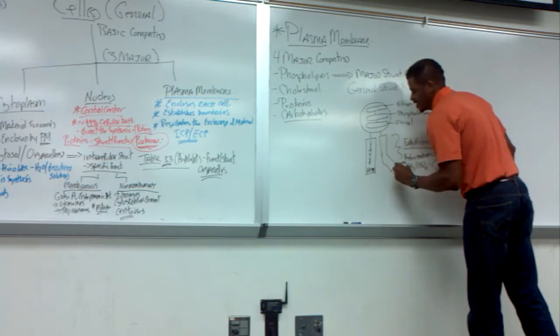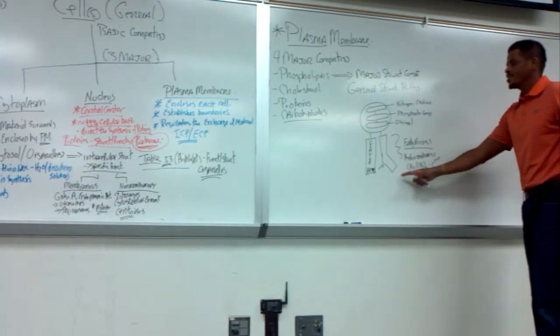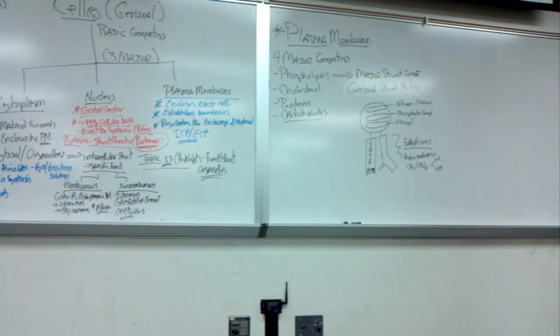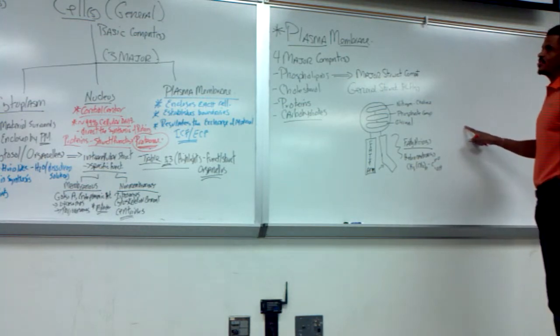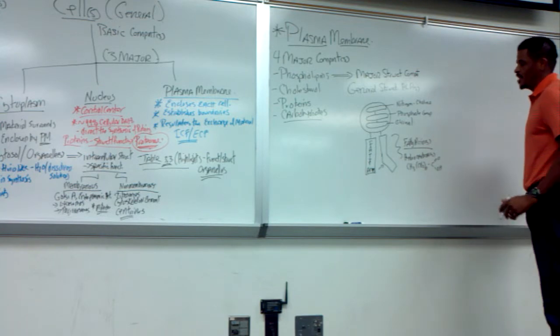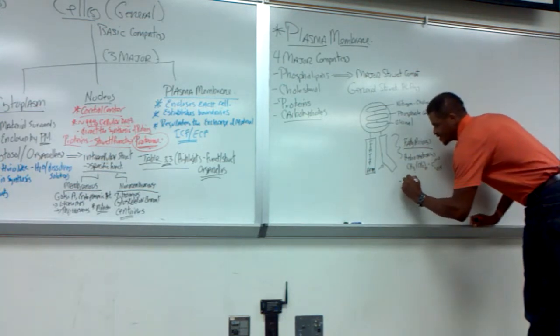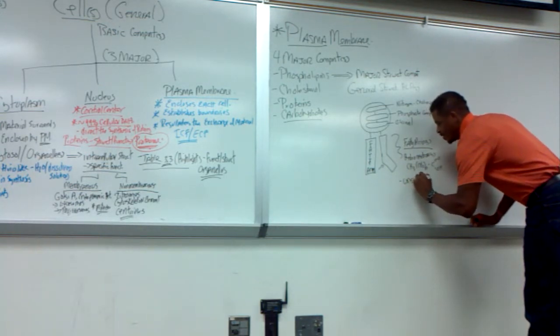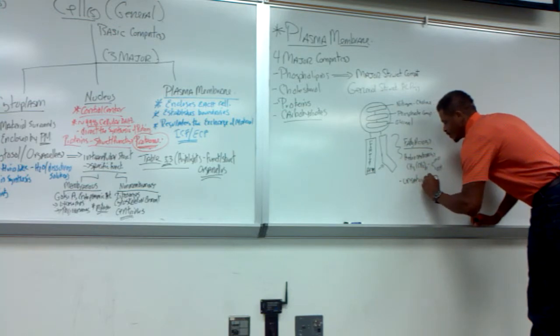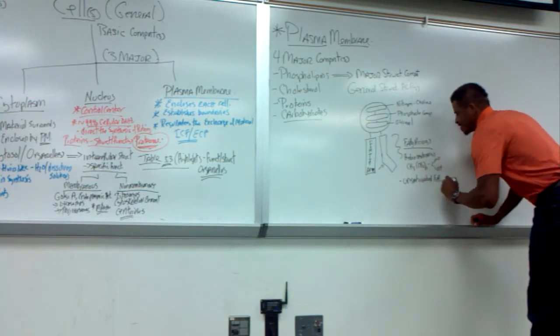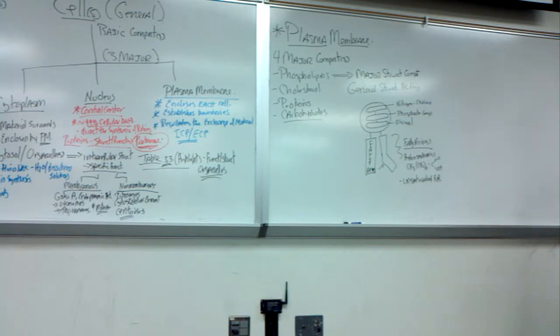Many of the fatty acids associated with the structure of our phospholipids are said to be unsaturated fatty acids, and when we say they're unsaturated fatty acids associated with the glycerol molecule, which forms the phospholipid, what do we mean? One or more carbon to carbon. Exactly.